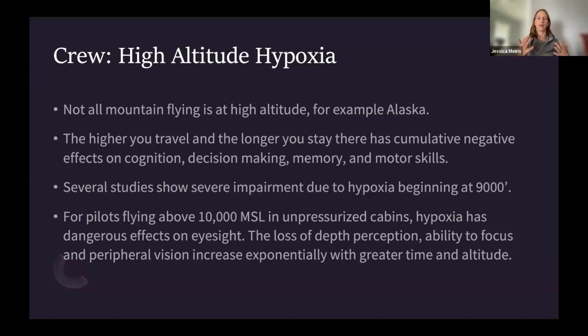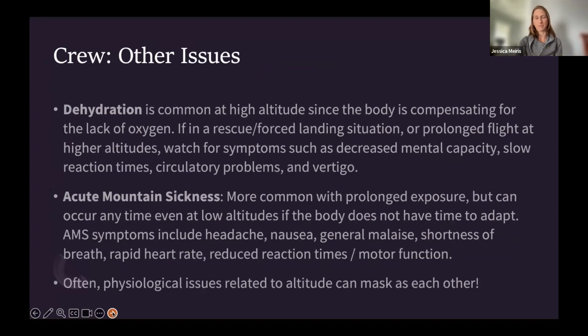Here in Colorado, our field elevation for Colorado Springs Airport is over 6,000 feet, and that puts you in that 9,000 range on your everyday instrument approach. Hypoxia becomes a much bigger concern in unpressurized cabins in particular. Especially above 10,000, effects on eyesight become more critical, in addition to other concerns like decision-making, motor skills, and memory loss.